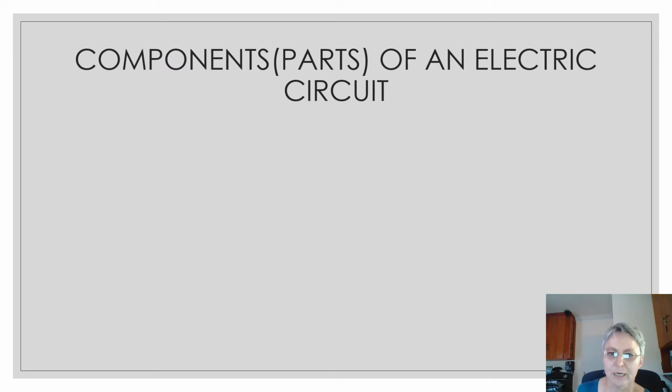First of all, if you have an electric system, there are some parts that you need to know. They are called components. So I'll go through them step by step. For electricity, you need a source of energy, and this source of energy is usually your battery.